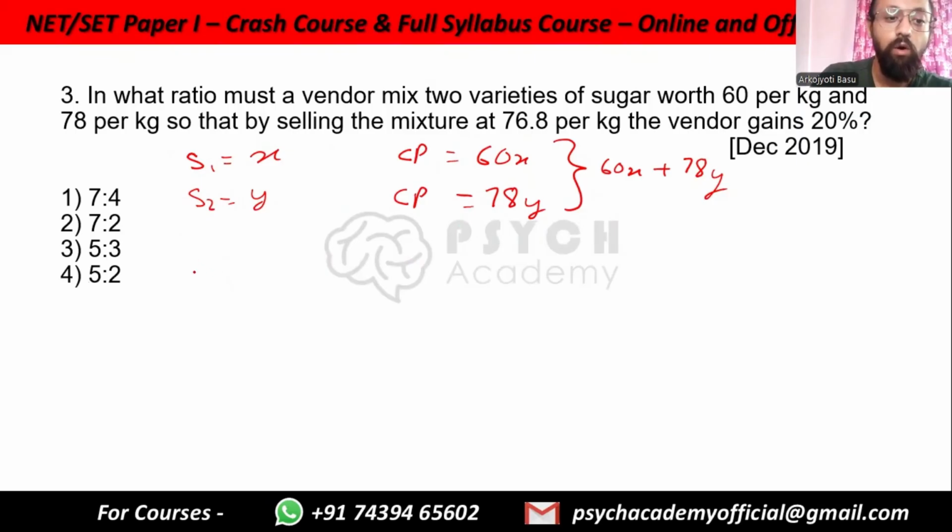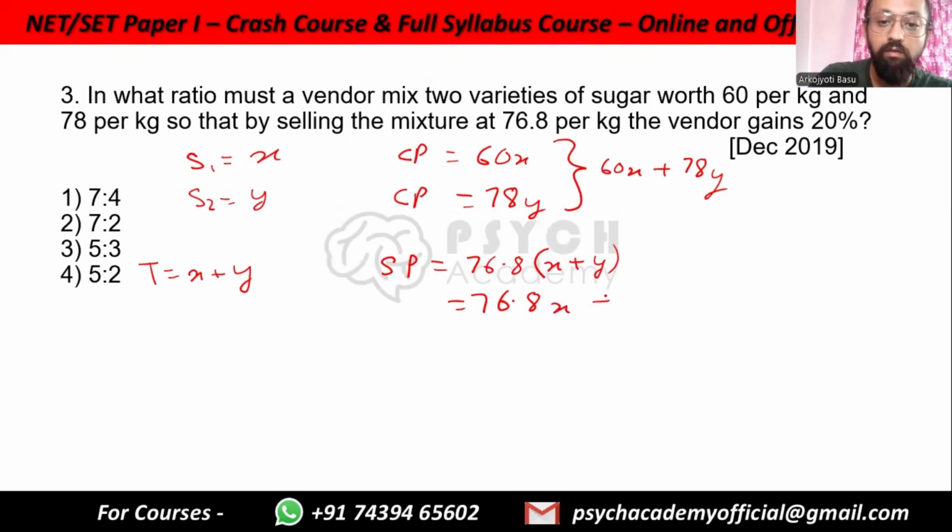Now what is the total quantity of sugar? x plus y. He has sold the mixture at 76.8 per kg, so SP is equal to 76.8 into (x plus y), which is 76.8x plus 76.8y.